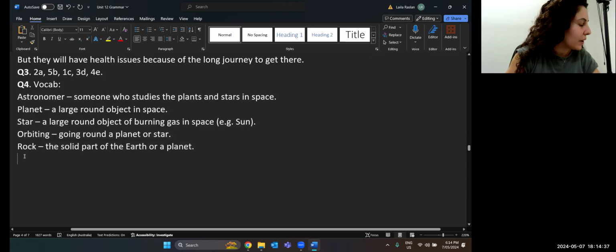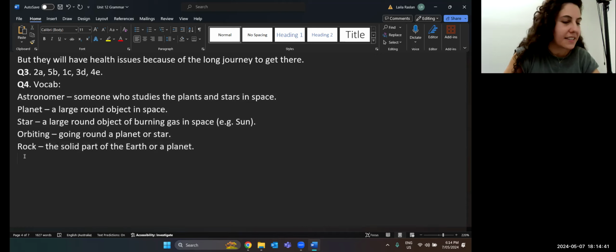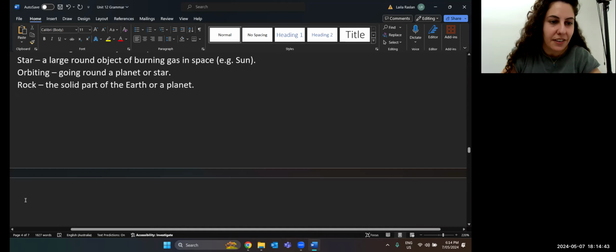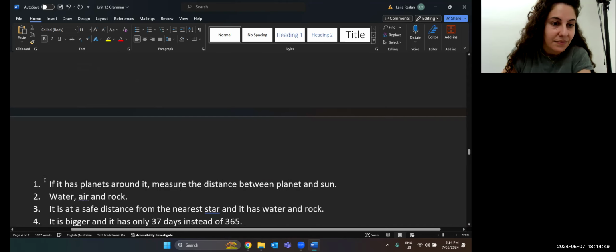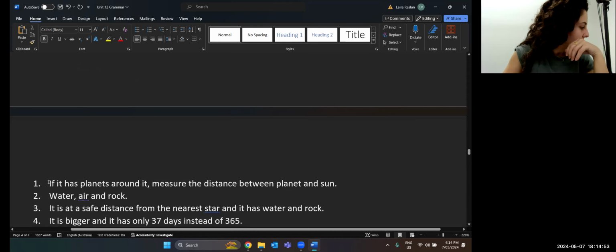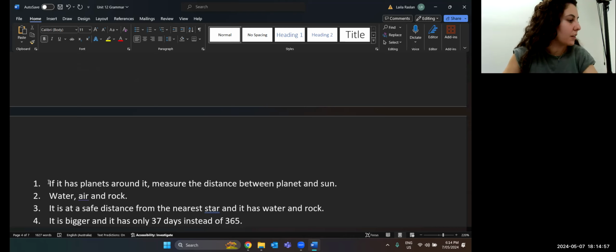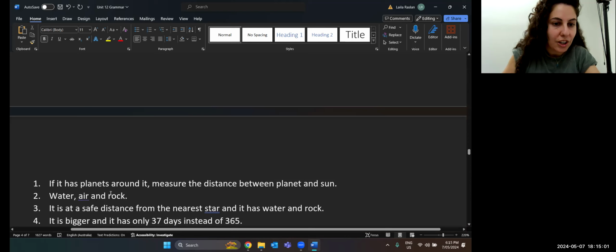So when astronomers look for a new Earth, what do they look for in space? Question 5. We know from the article that when the astronomers look for, what do they look for? Water, air, and rock.